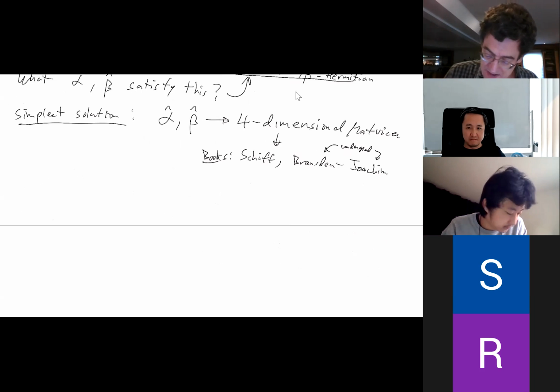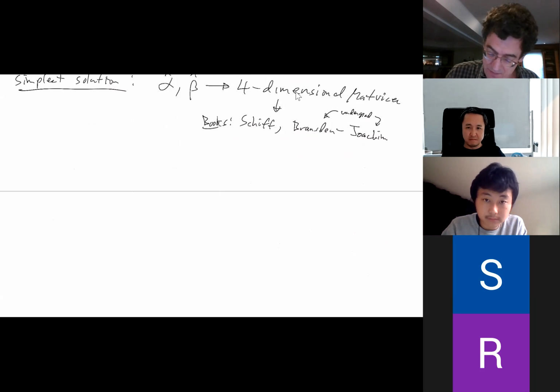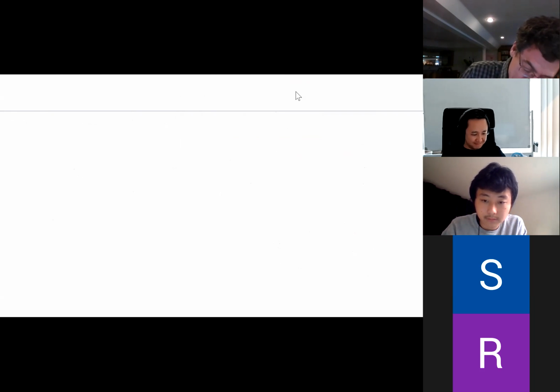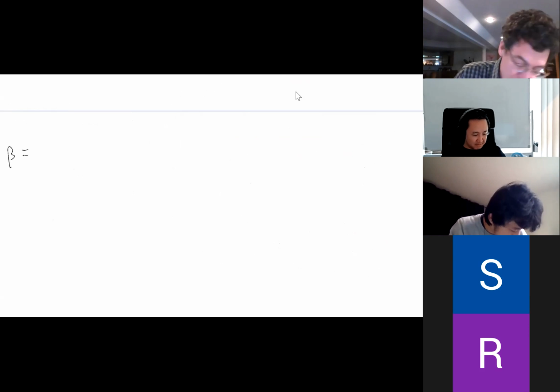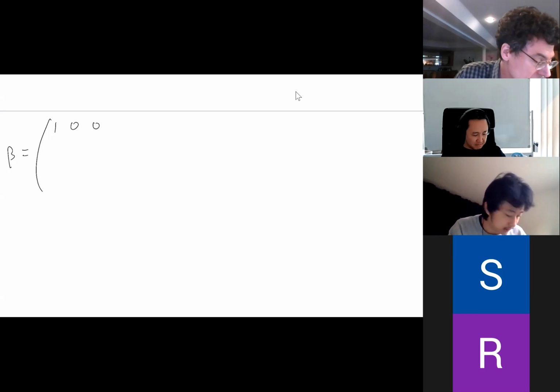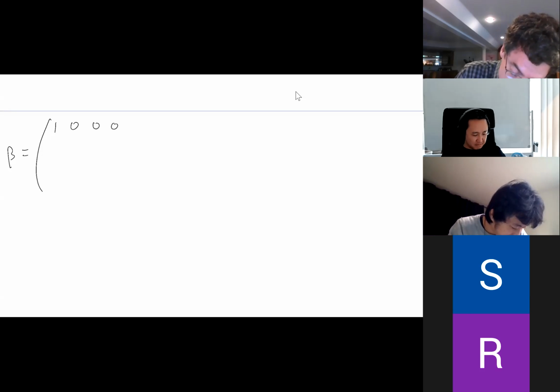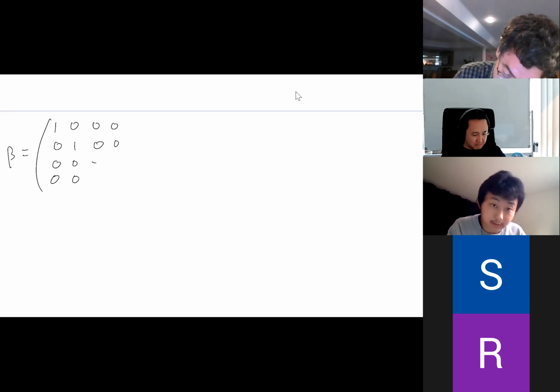Now I will write them down because it's quite simple to do. Beta is equal to the matrix with rows 1, 0, 0, 0; 0, 1, 0, 0; 0, 0, negative 1, 0; 0, 0, 0, negative 1.